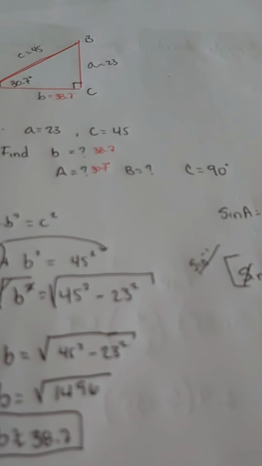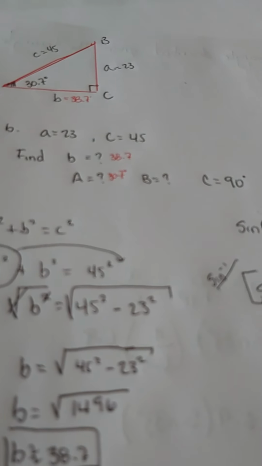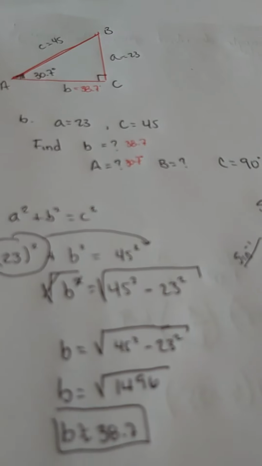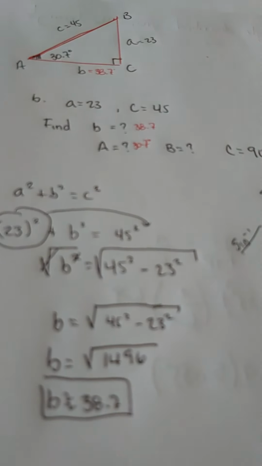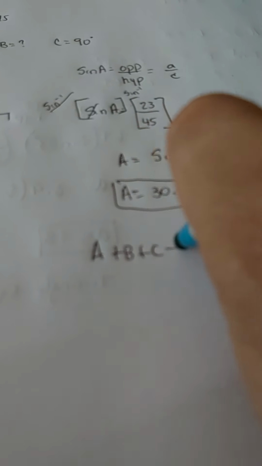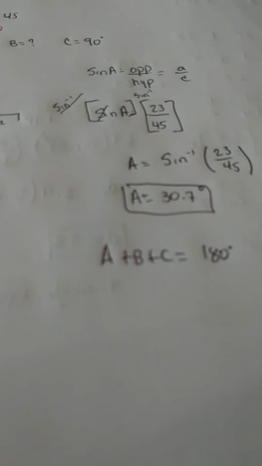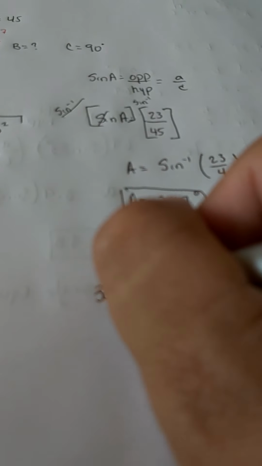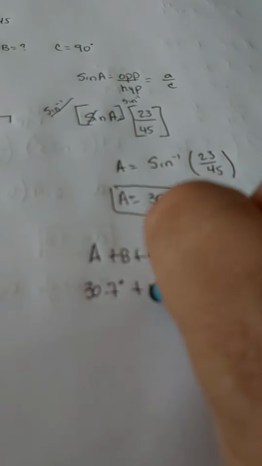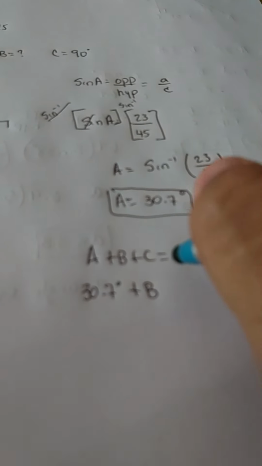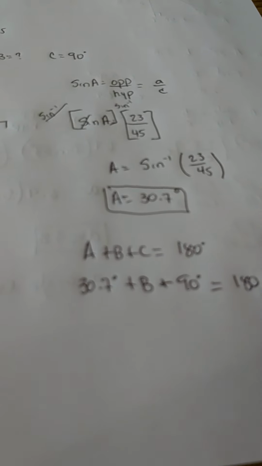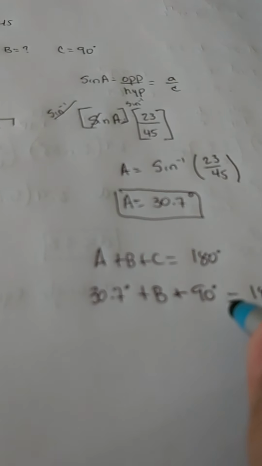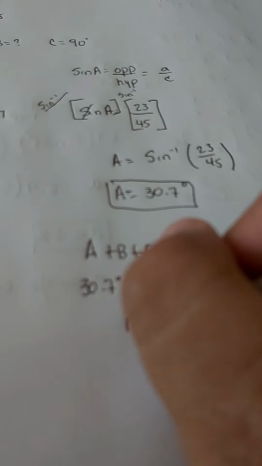The easiest way is to apply the triangle equation. When we know two angles, the easiest way to find the third is by doing A plus B plus C equals 180. Angle A is 30.7 degrees plus angle B, we don't know that, plus C, 90 degrees equals 180. 30.7 plus 90 is 120.7.